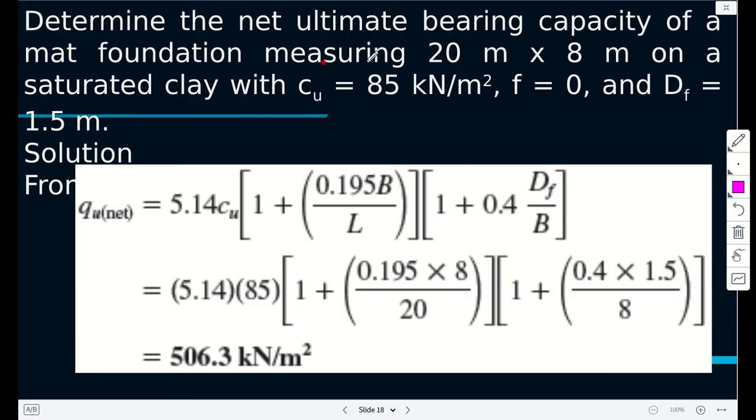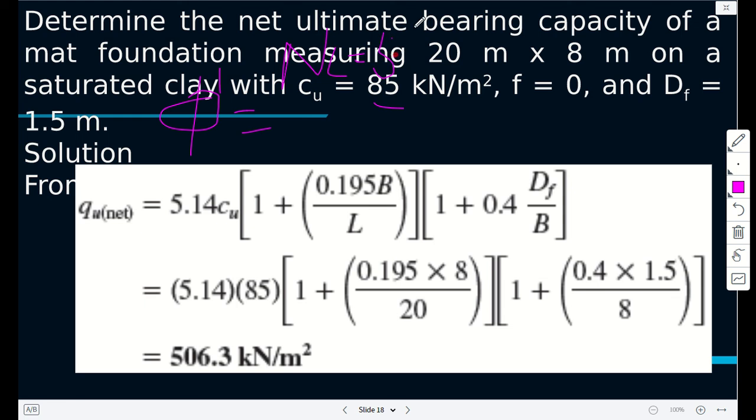To determine the net ultimate bearing capacity, maybe a question: the net bearing capacity of a mat foundation measuring 20 by 8 on saturated clay. When you hear saturated clay, you should know phi is 0. And when phi is 0, you know that Nc is 5.14.